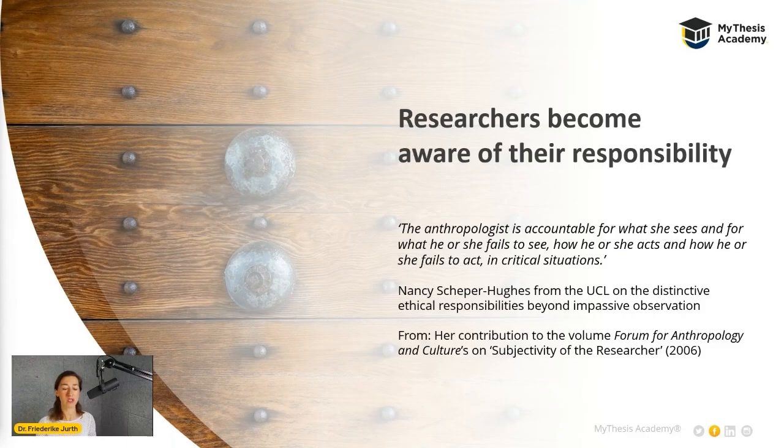And here she wrote, for example, the anthropologist is accountable for what she sees and for what he or she fails to see, how he or she acts, and how he or she fails to act in critical situations. So, step by step, the anthropologists became aware of their own position and also of what can go wrong and their own responsibility if something goes wrong.